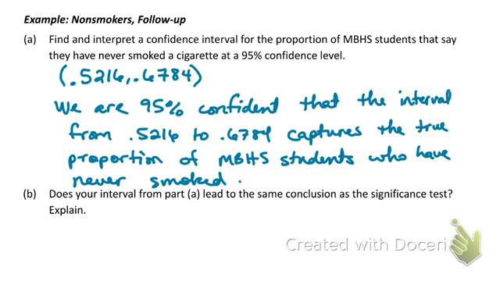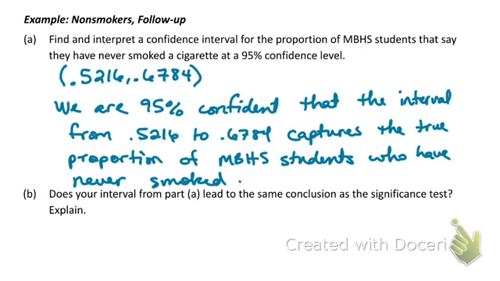So does this interval match up to the fact that we have rejected the null hypothesis of 68%? Yeah, how come? It's not 68.